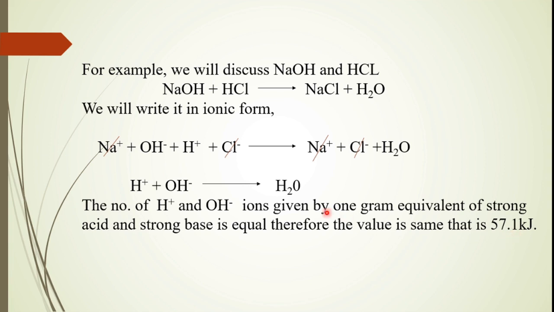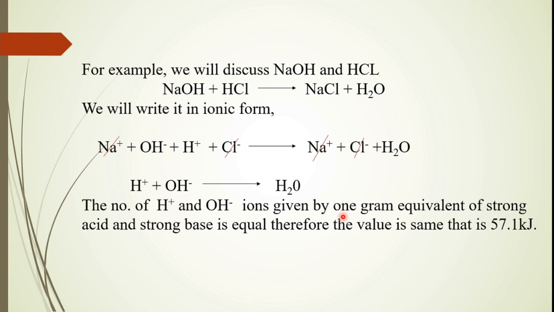The number of H+ ions and OH- ions given by 1 gram equivalent of strong acid and strong base is equal, and therefore the value is the same, 57.1 kilojoule.